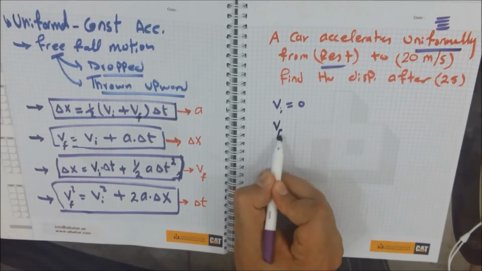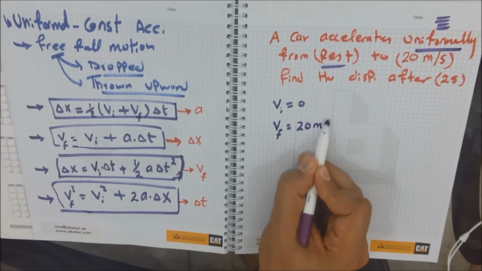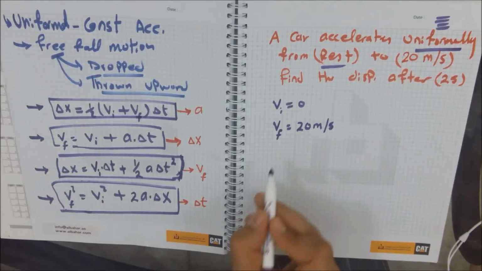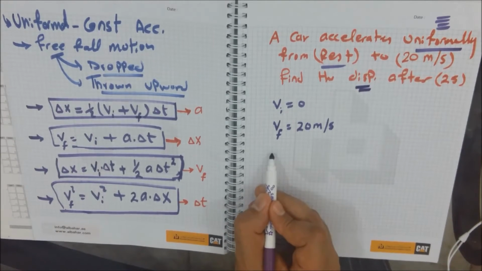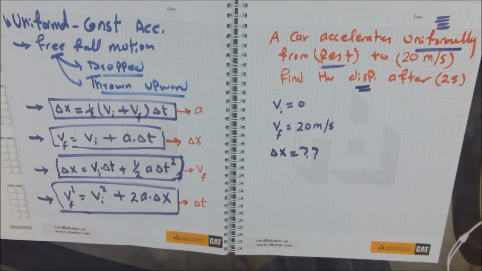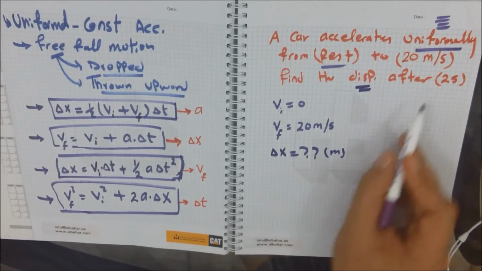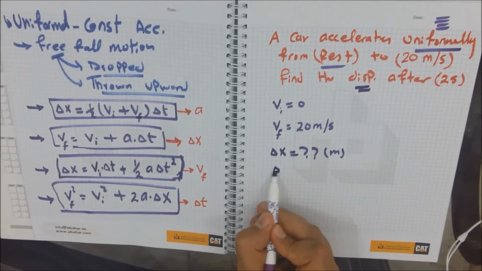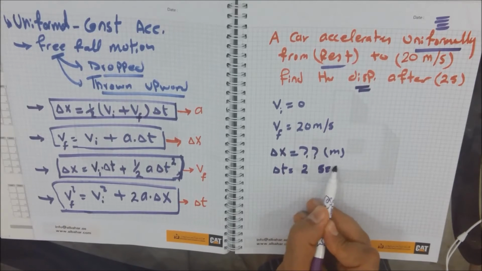So Vf is equal to 20 meters per second. Find the displacement. I need the displacement, which is delta x. So delta x is missing, which is measured in meters. And finally, he gave you the time, after 2 seconds. So delta t is equal to 2 seconds.